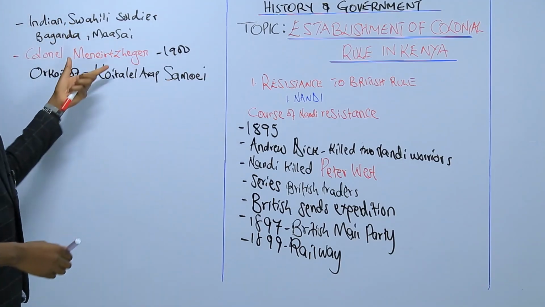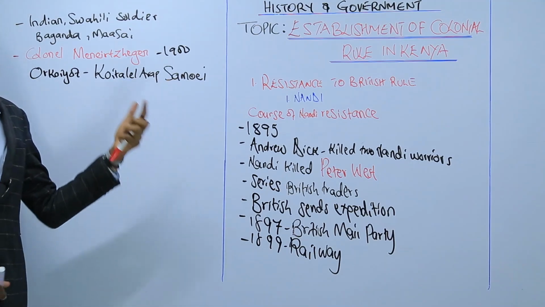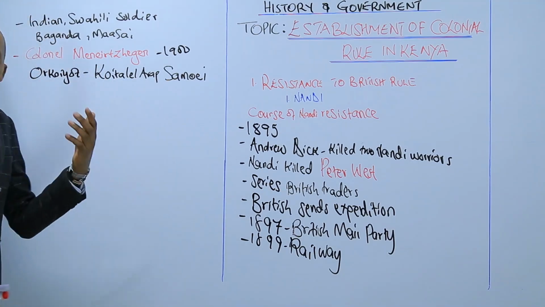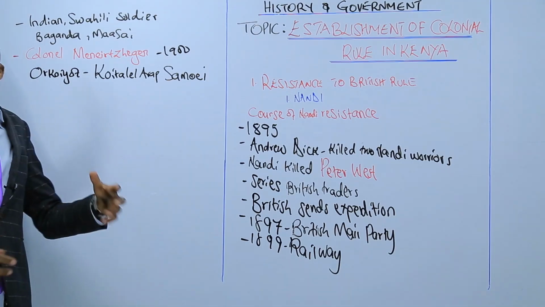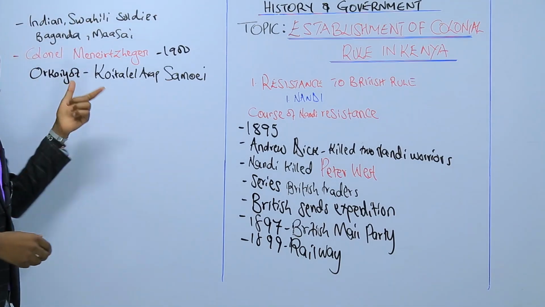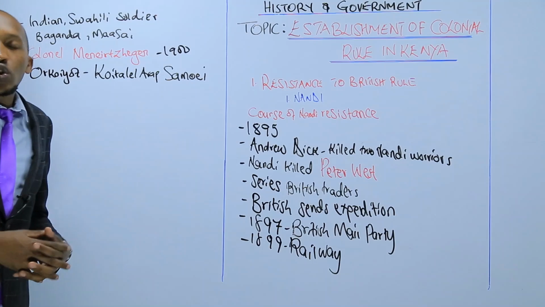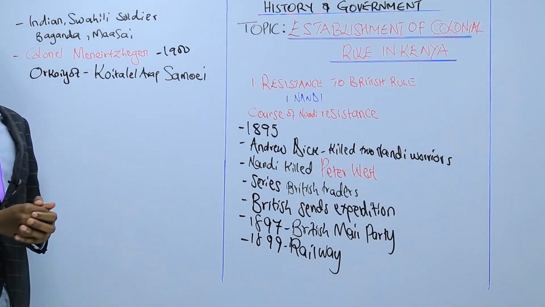So this man discovered that Koitalel Arap Samoei, who was the leader of the Nandi people at that time, was the reason why the Nandi were so united, was the reason why the Nandi could not be defeated, because he was the chief strategist. Remember, he was the religious leader. So he brought all the people of the Nandi together.